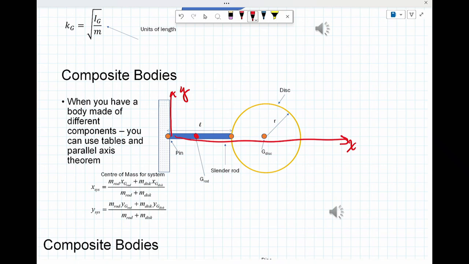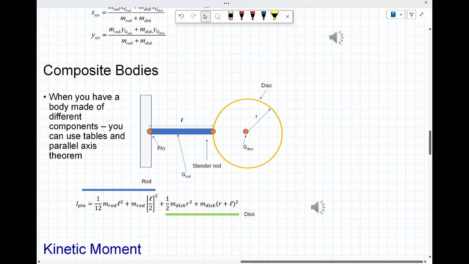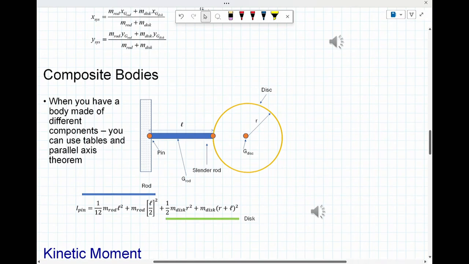All right. So you have x disk. Now, the important point here is that you can then use the parallel axis theorem, and you really should know how to do the parallel axis theorem to figure out exactly what the moment of inertia about the pin is. So you add up 1/12 m L squared for the rod plus m rod times L over 2 quantity squared.